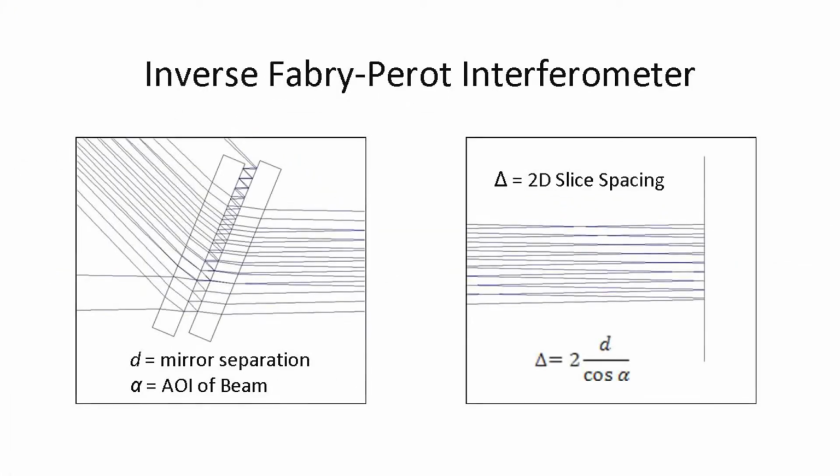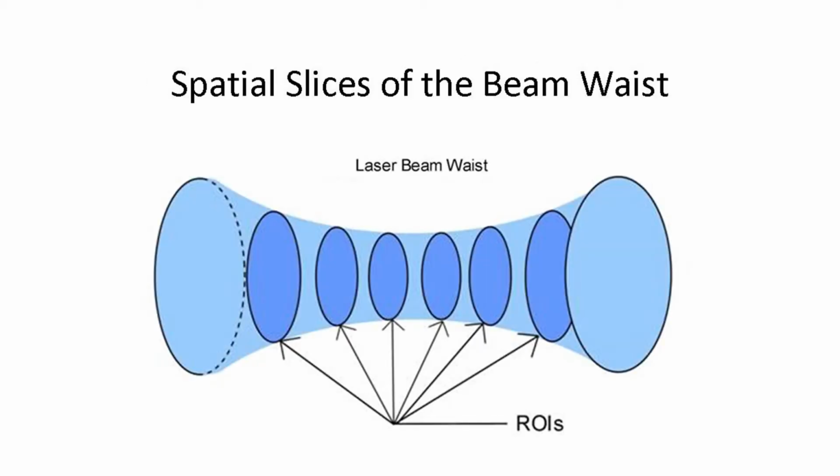Here we have our first beam coming through, a very small percentage passes through, and then we get reflection of the beam being displaced laterally and then re-emerging with a time delay determined by the spacing of these two mirrors. In this graphic, we see these spatial time slices of the beam throughout the beam waist, and this is what's superimposed onto the camera sensor so that we can see the entire beam waist in one image.